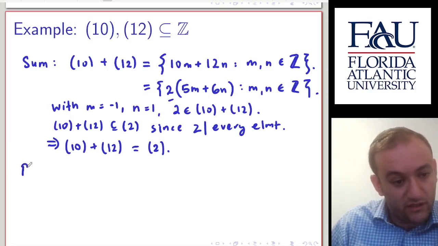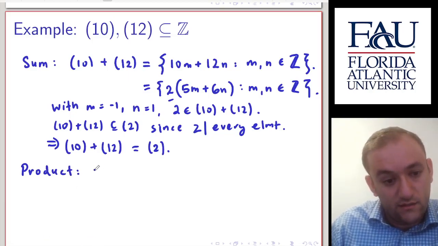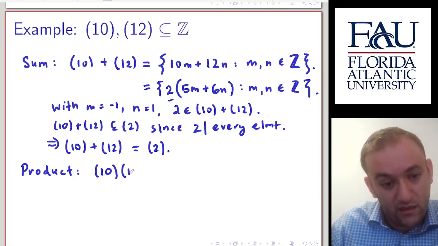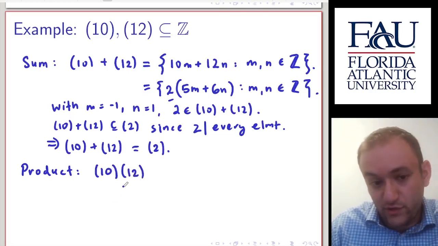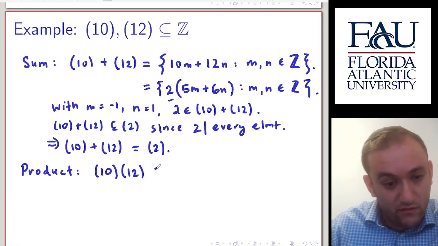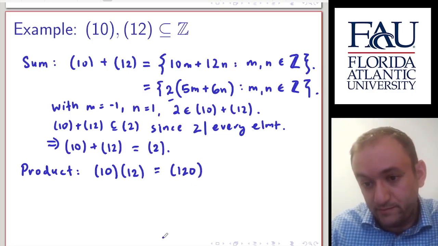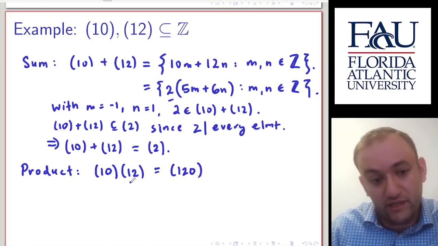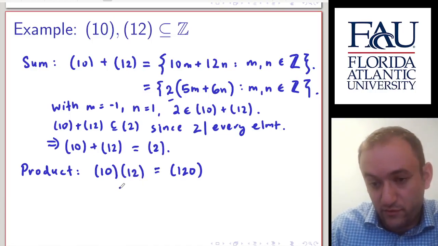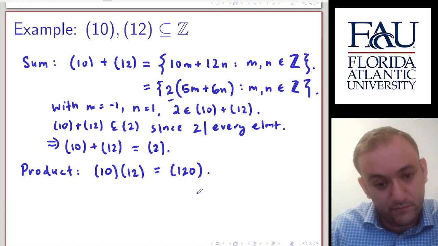How about the product of ideals? So this is going to be the ideal generated by elements, each of which is a product of an element from (10) and an element from (12). This is going to be the ideal generated by 120. Okay, since every element picks up a factor of 10 from the first ideal and a factor of 12 from the second ideal, we get 120.